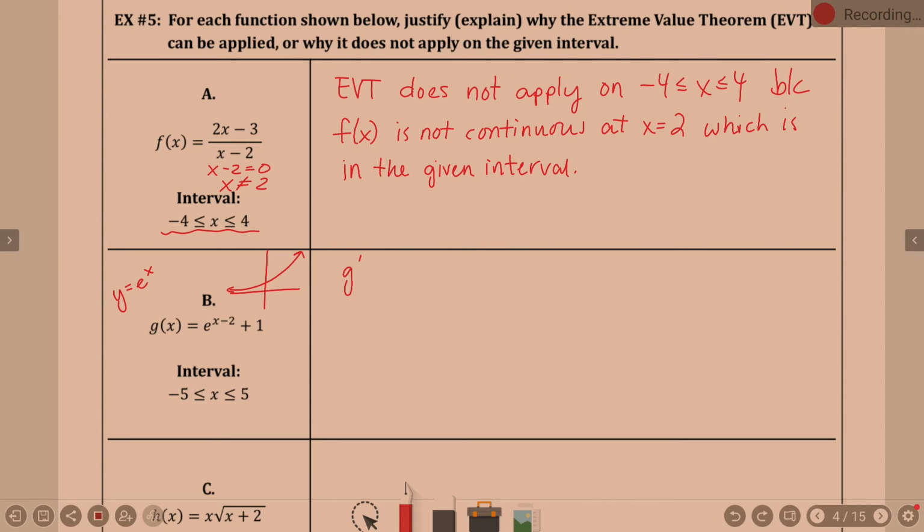So g of x is continuous for all reals, so EVT applies on the interval negative 5 less than or equal to x less than or equal to 5. I should have just put C on the same page, but I didn't. It's on my next page. So start thinking and looking at C.